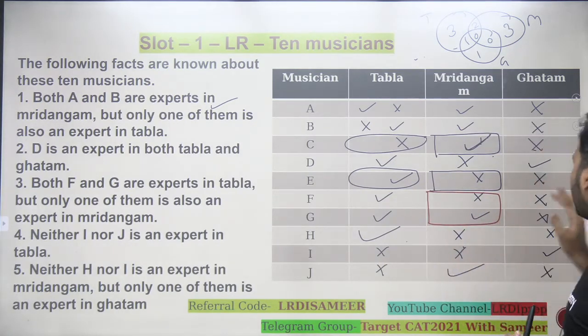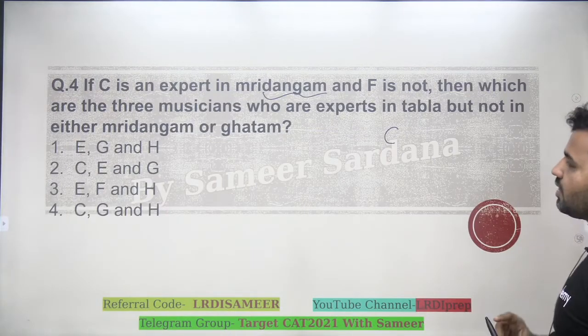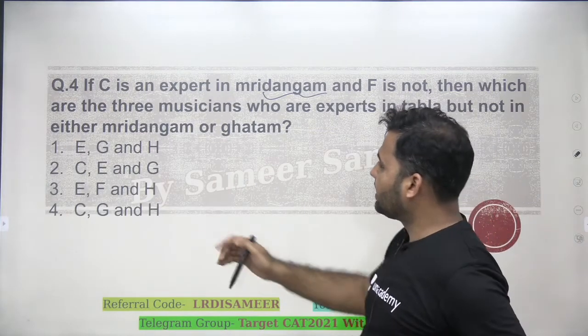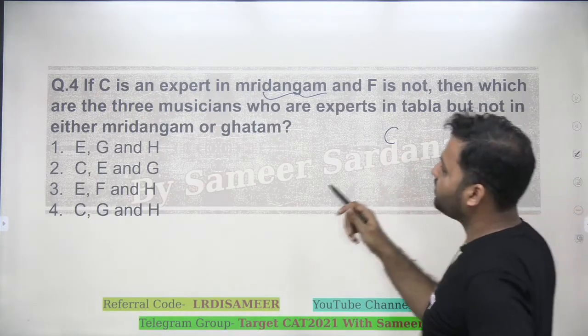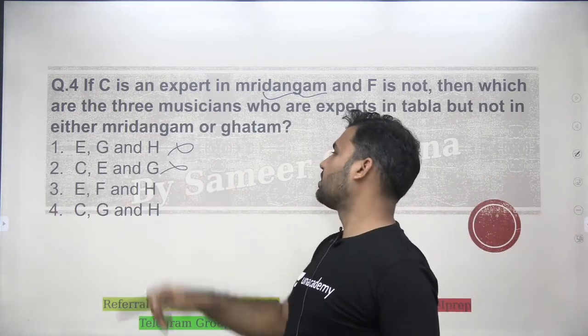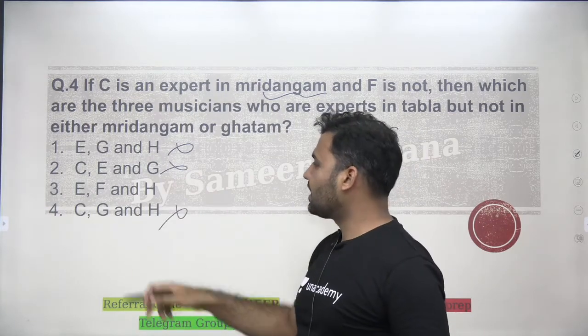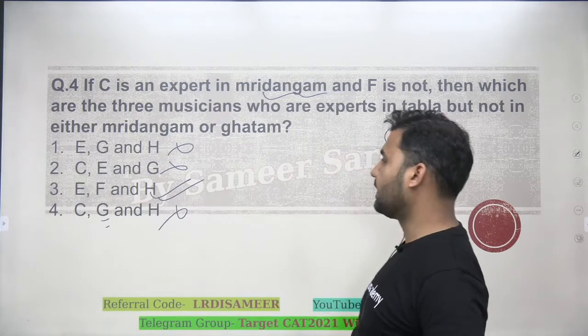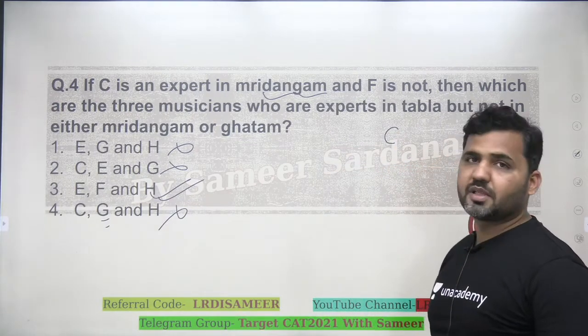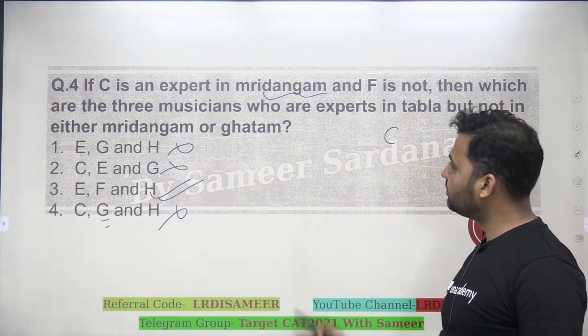So G is definitely a person who is not playing only tabla. And if you look at the options here, G is in the first option, so I can eliminate the first option, right? Second option is also eliminated. Fourth option is also eliminated because G is playing both of the instruments. So the answer to the question is option number 3. E and F and H will be the correct answer of the question.